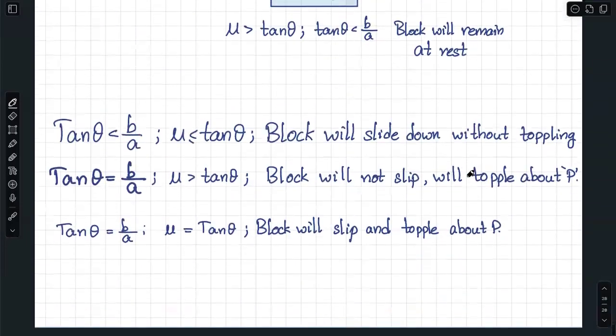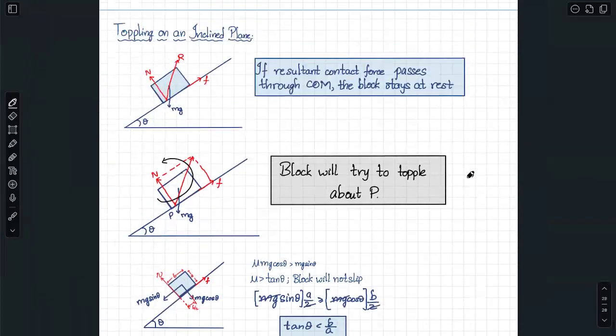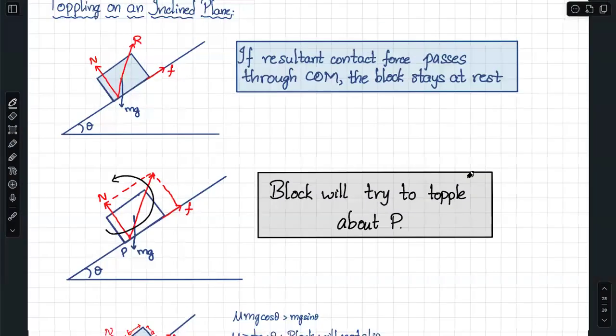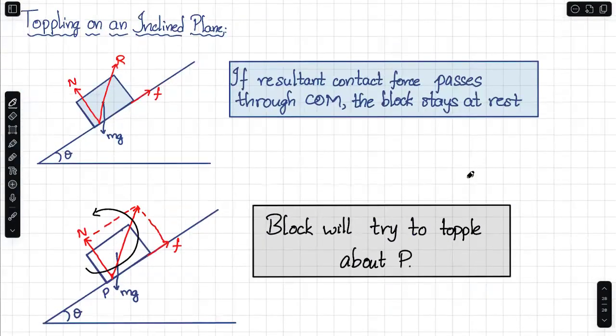What if you place this on an inclined plane? Another situation. I placed it on an inclined plane, a rough inclined plane. Remember, it's not smooth. Now there are two possibilities. One, this is the weight force, this is the normal reaction force, and this is the frictional force.